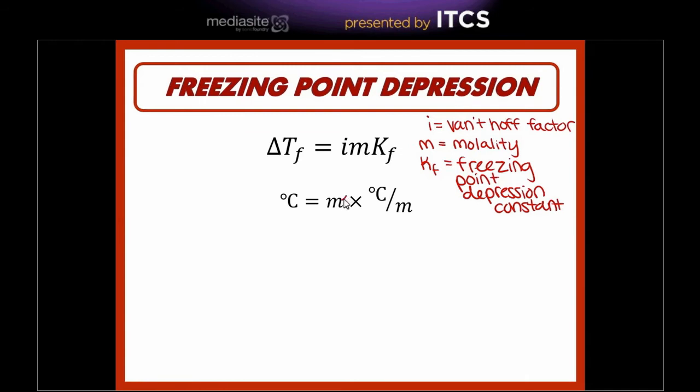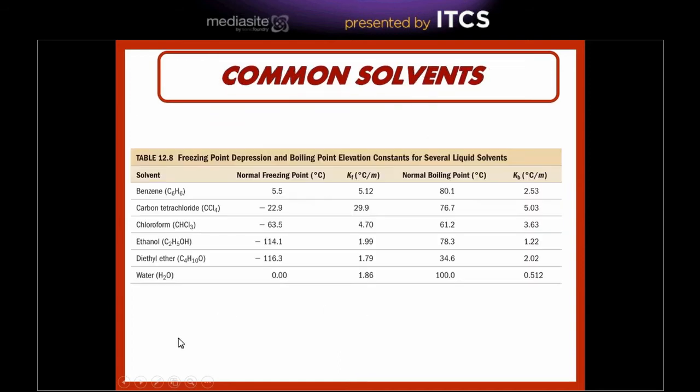And so we can see that these molalities cancel out, and we're ending up with just degrees Celsius, so the change in temperature. And so ultimately, to get the final freezing temperature of the solution, we need to subtract this change in the freezing point from the initial freezing point of the solvent. And that's why we call it freezing point depression, because the freezing point is decreasing.